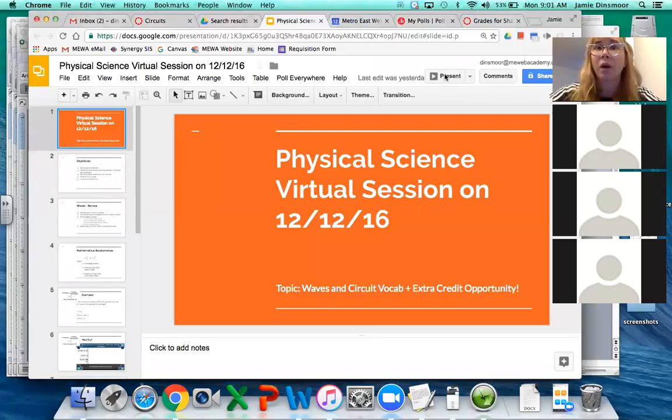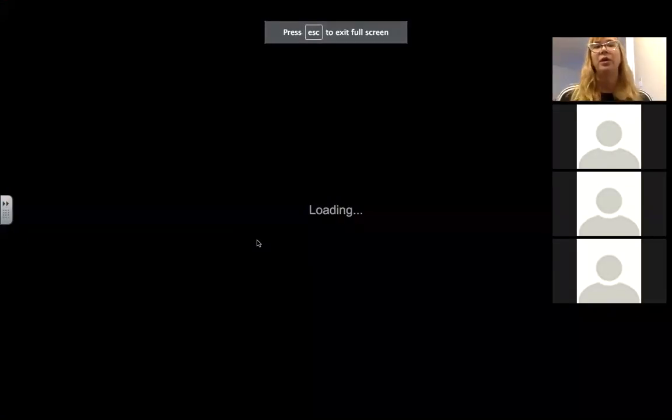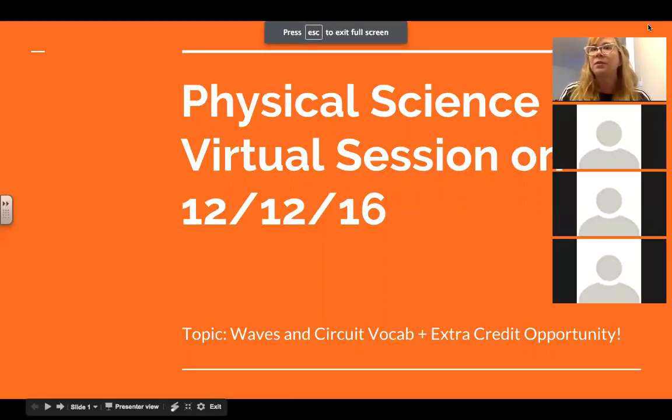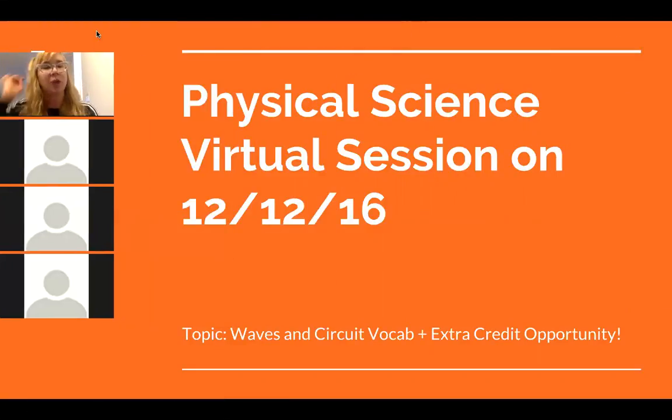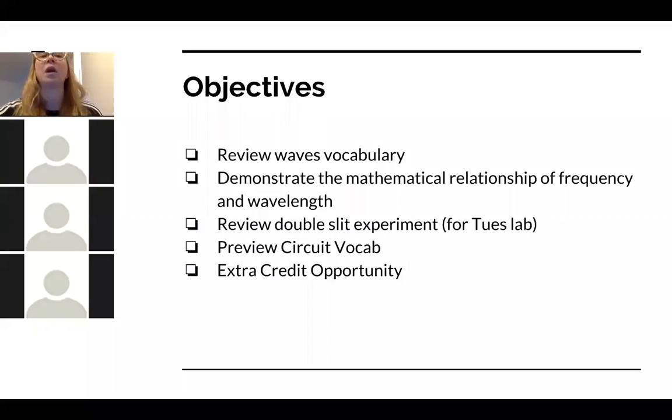So we will get started here. Today's session is about waves. Again, I know we talked about waves in the last one, and also previewing the circuit vocabulary in the electricity module, module 3, which is where most people are about to be or starting. So we will review our waves vocabulary.